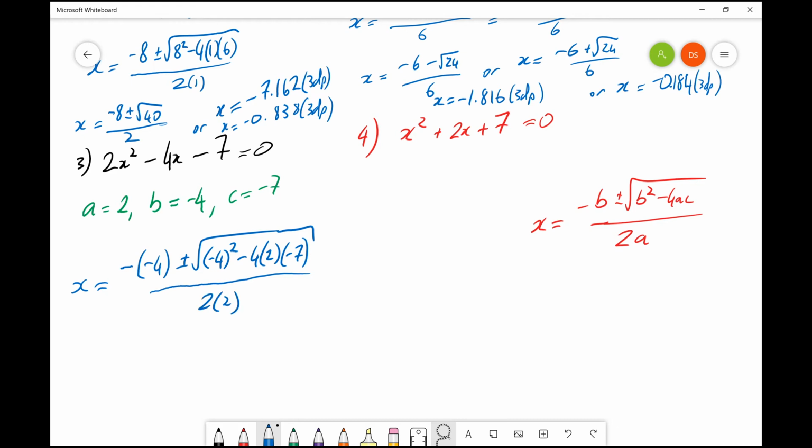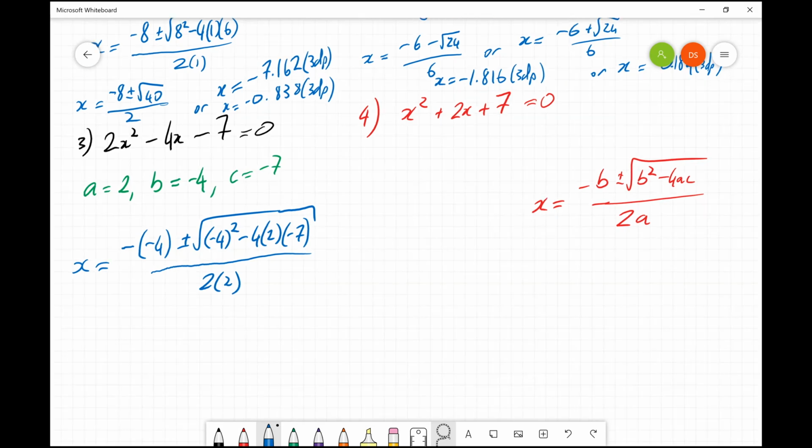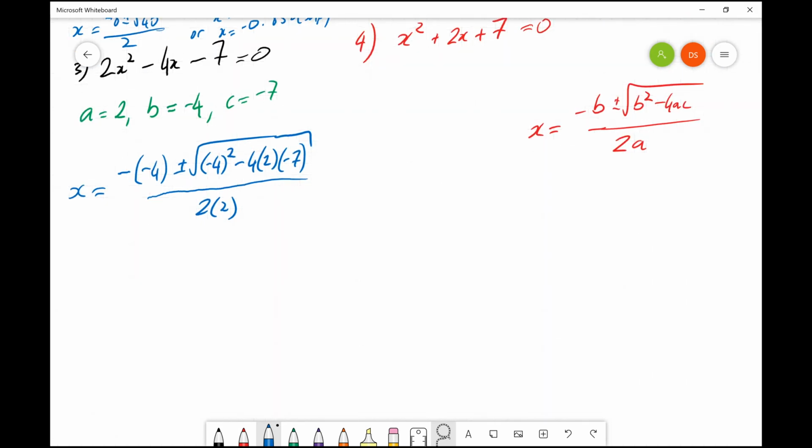Okay, because you can make mistakes really easily. And I've seen so many people make these mistakes. Okay, so check this. X is equal to negative negative makes a positive, plus or minus. Negative 4 times negative 4 is positive 16. Okay, negative 4 times 2 is negative 8.